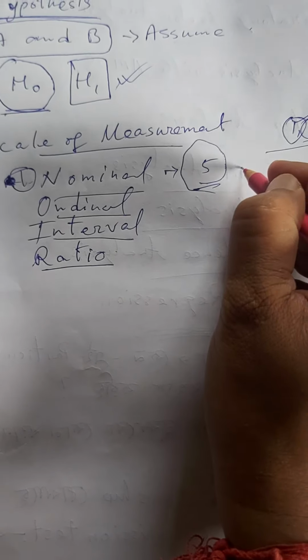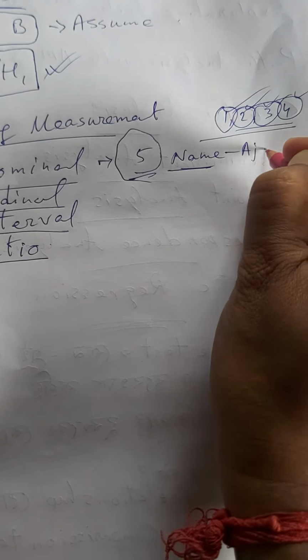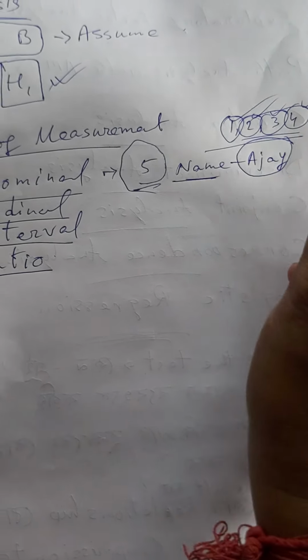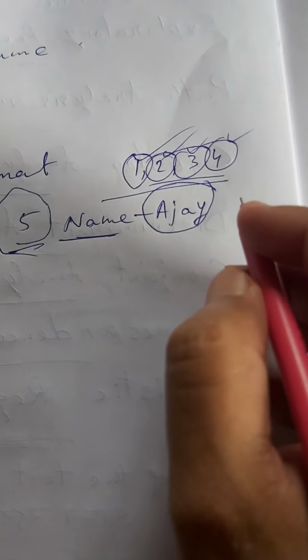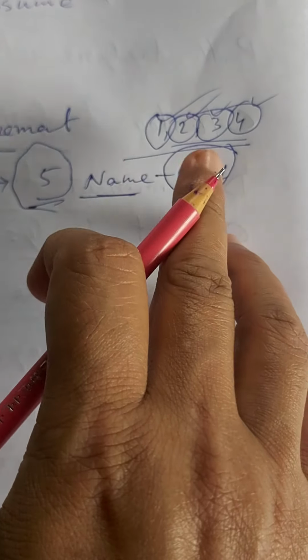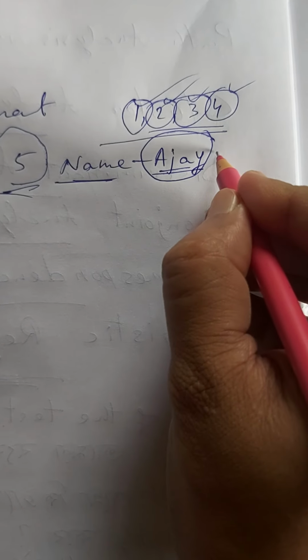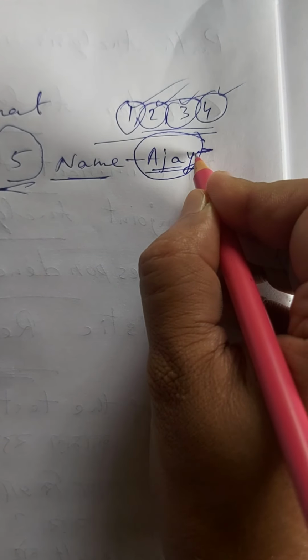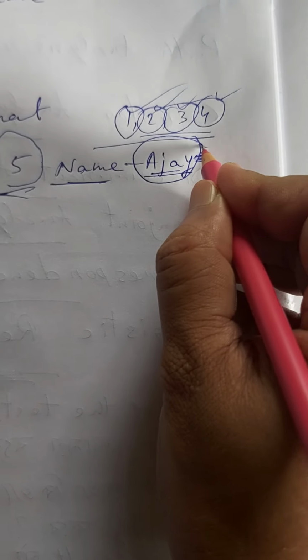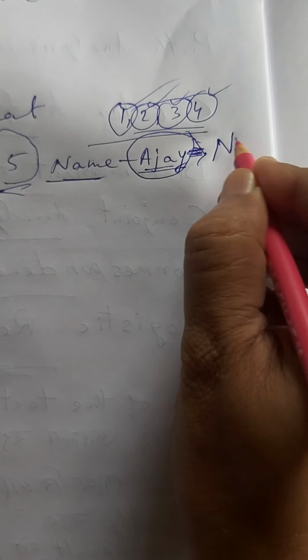Like a name, or Ojoy. Do you have any other meaning? You can put it in SPSS. Ojoy is not mentioned as first boy or second boy; they only mention Ojoy. So in that case, if you want to code it through SPSS, you have to put it in a nominal scale.